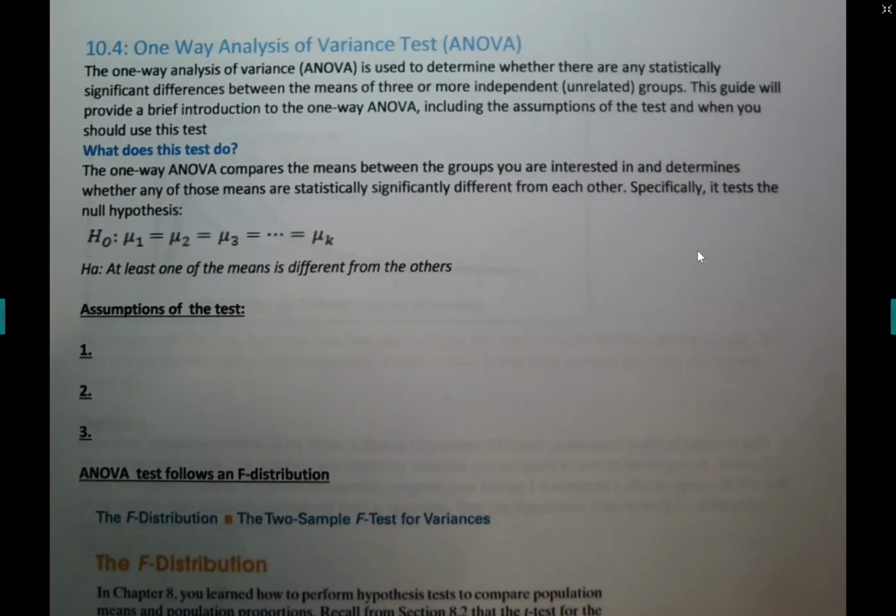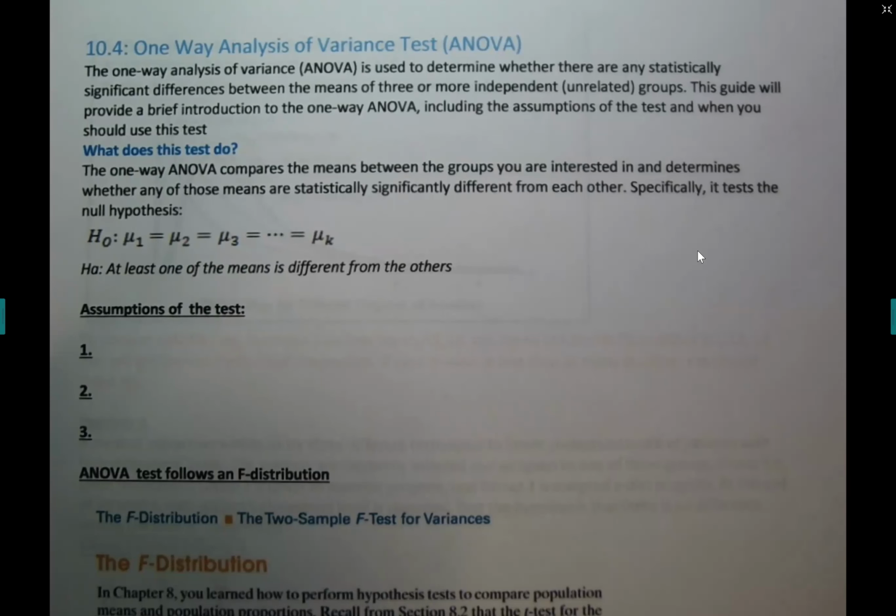So 10.4 is called the one-way analysis of variance test. It's called ANOVA. Let me give you an example of this test. You learned in chapter 8 how to compare two means, mu1 and mu2. So if you have two populations and you want to test whether one mean is greater than the other, less than the other, or different, you can do that.